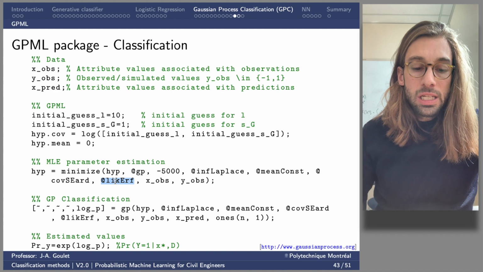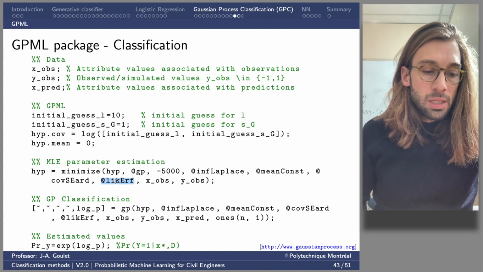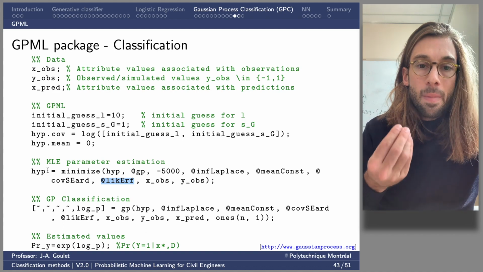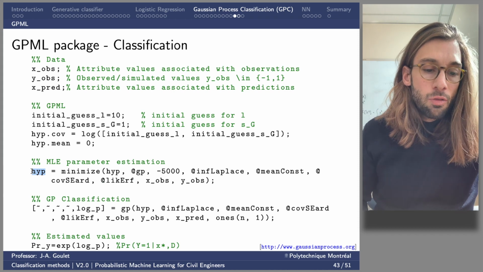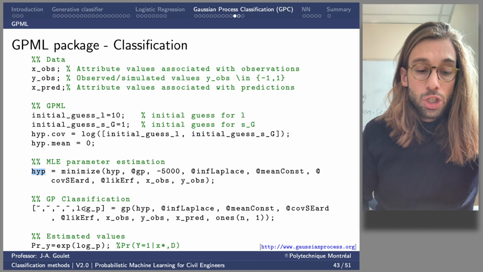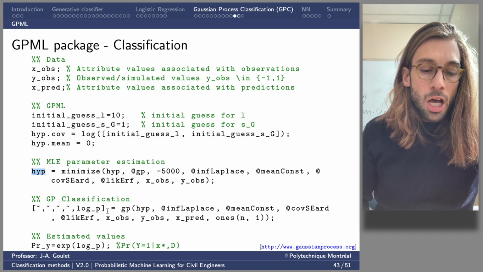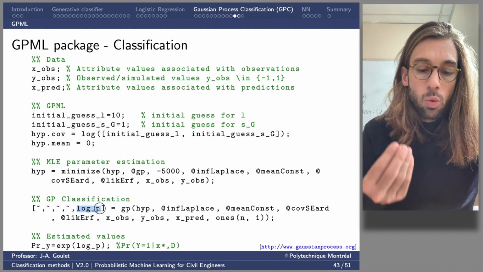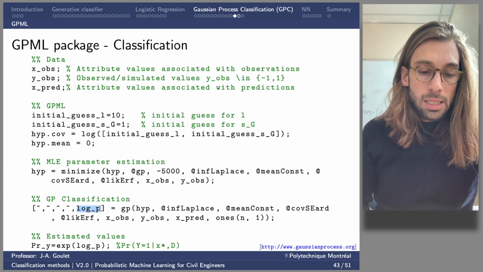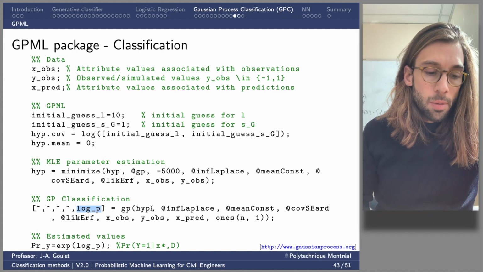Okay, this is the normal CDF we've seen together. So this is going to maximize the probability for our prior parameters. Then once we have this, we can directly use GP to predict the log of the probability for the class y equal +1. Okay, in this case, you define your hyperparameters that were updated here.